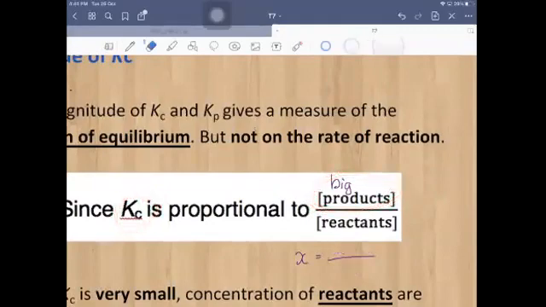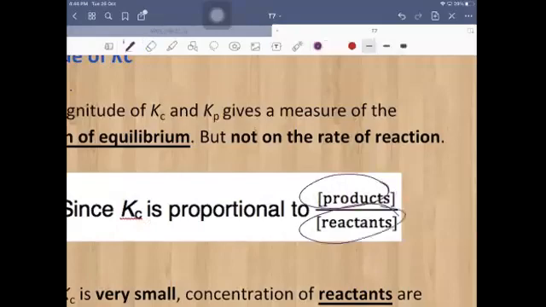If it's the other way around, my bottom number is bigger, I know X would be a smaller number, okay? So this Kc can tell us about the position of our equilibrium. Do we have more products or do we have more reactants?